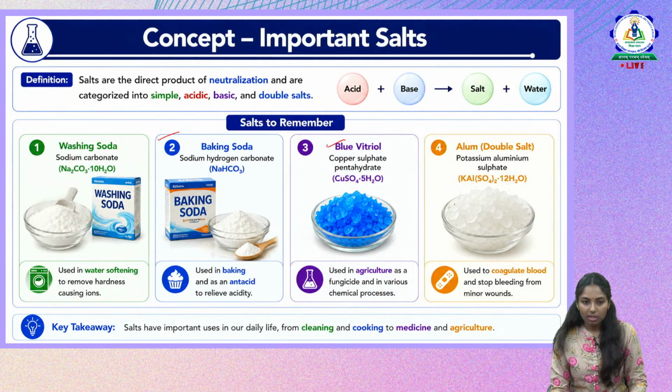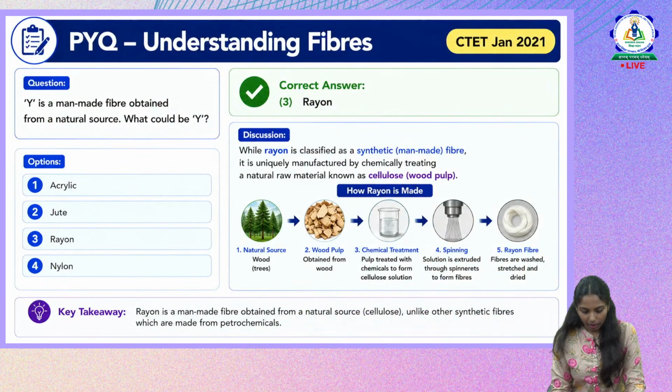So you can remember this one. And like this, if you find out any other uses, make a note of it. Okay, let us move to the next question that we have. It is from 2021. The question here is, which man-made fiber is obtained from a natural source? Now we talked about man-made fibers, that is synthetic fibers.